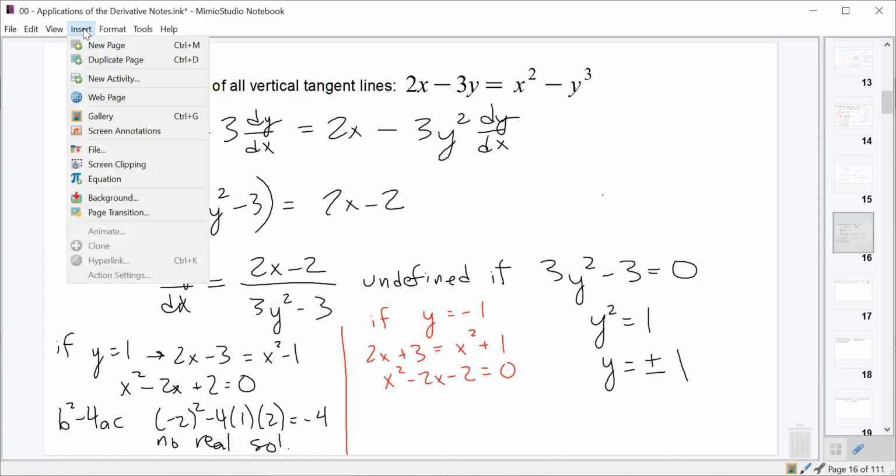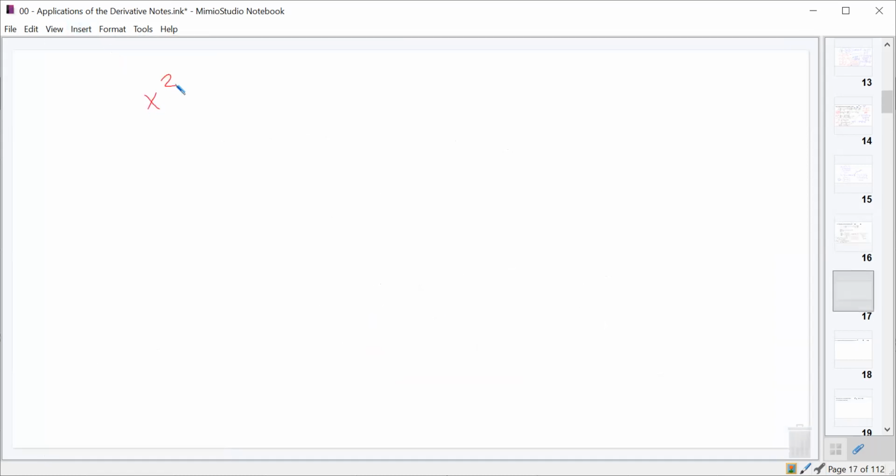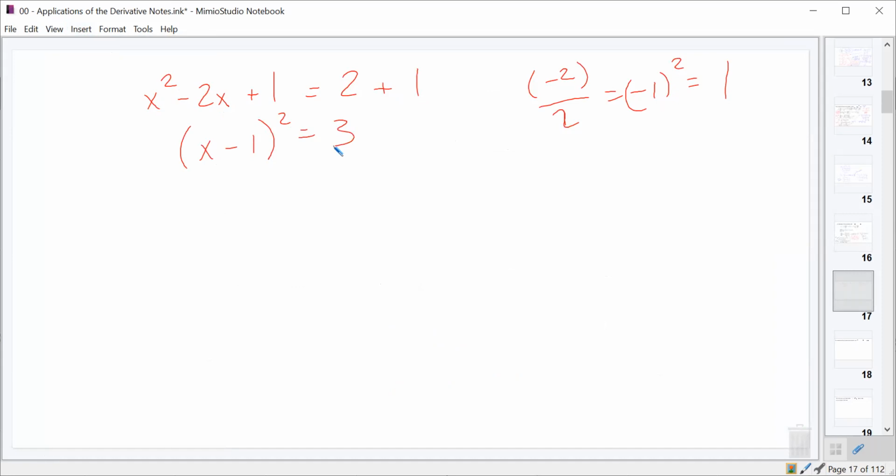But what we're going to do is complete the square. So that minus 2 that I had, I'm going to add it over to the right-hand side. And remember, when you complete the square, you'll take half of the b value and then square it and add that to both sides. So this now becomes a perfect square. X minus 1 squared equals 3.